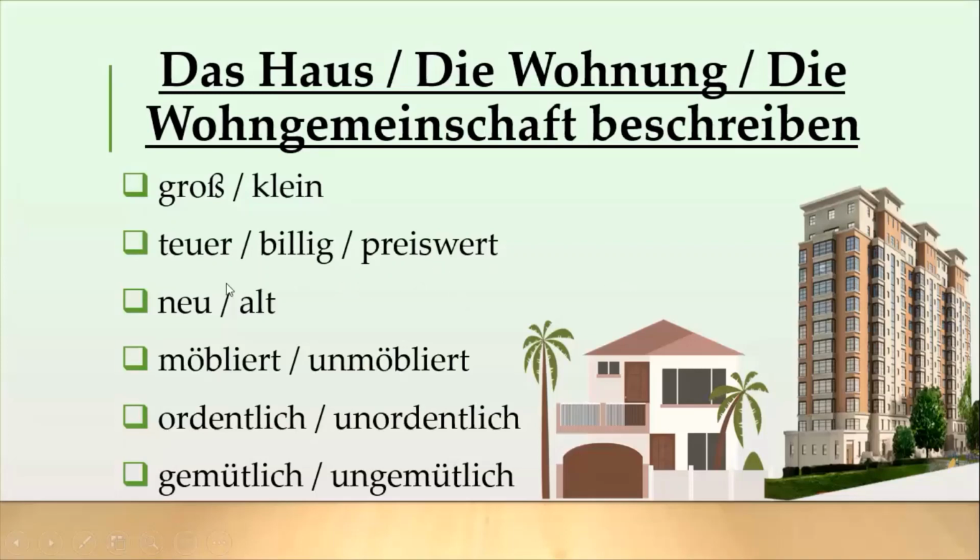Preiswert. So the house, the apartment or the shared apartment can be expensive, cheap, or worth the price. Preiswert. Meaning that even if it is a bit high, but still it is worth the price.